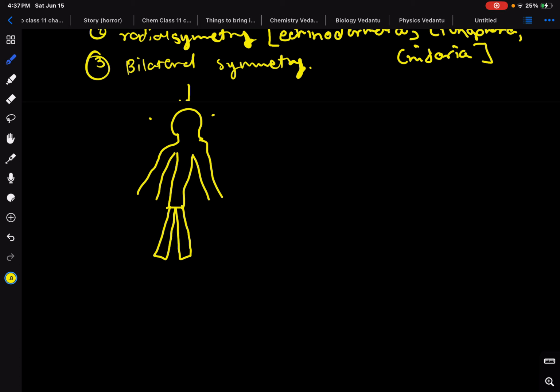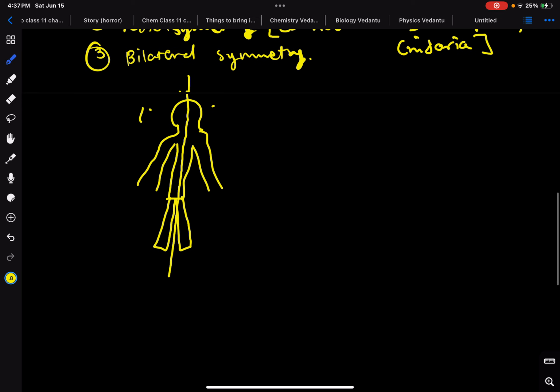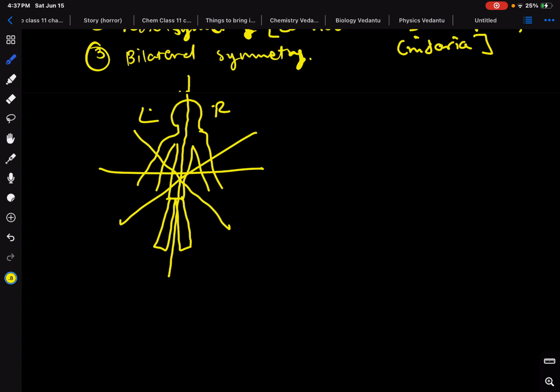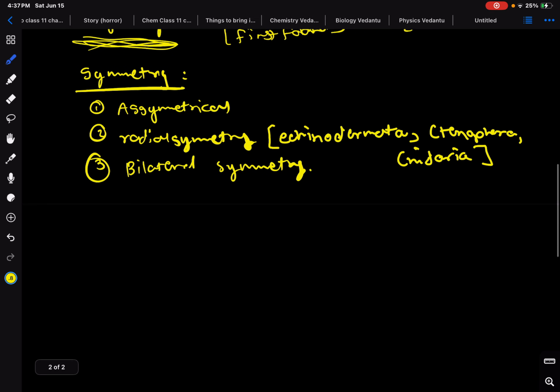We can only cut him from left to right, but we cannot cut him in any other plane which gives us that. So there is only one plane which can divide it into two equal parts, which is left and right. So that is bilateral symmetry. And the only asymmetrical is Porifera.